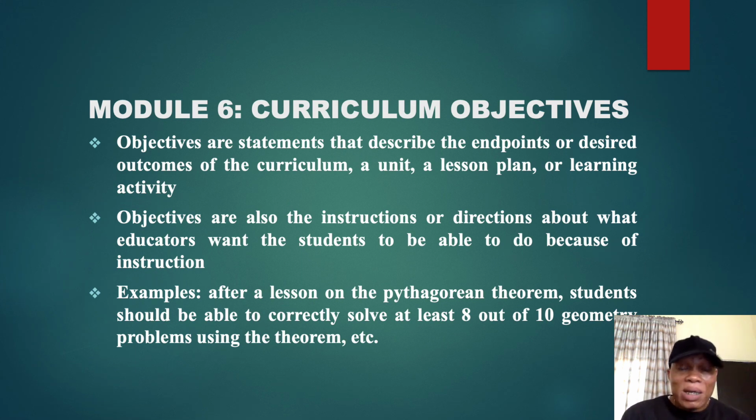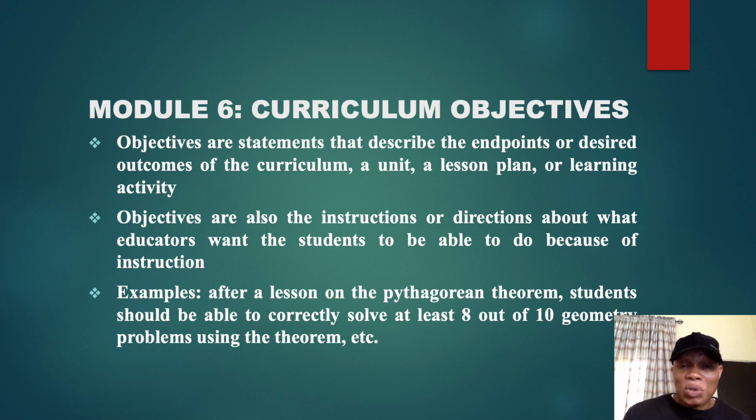You could see the examples I gave. You have to be specific. And you must not include what you know your students would not be able to do at the end of the lesson. It is dangerous to do that.